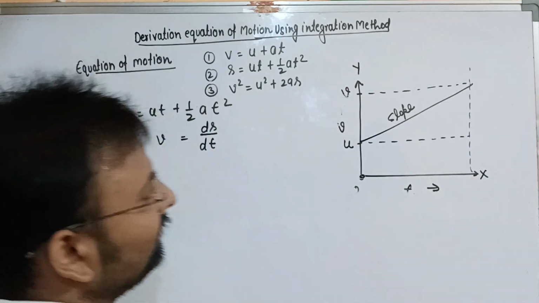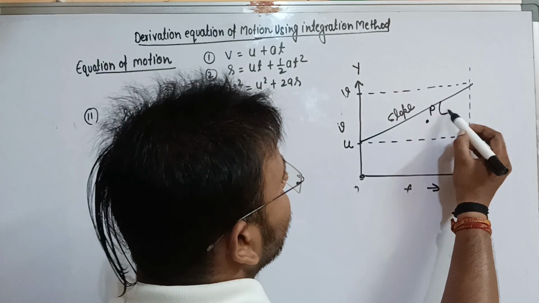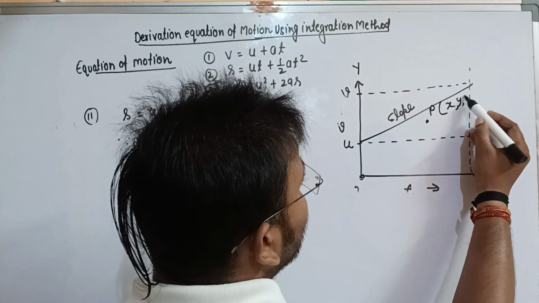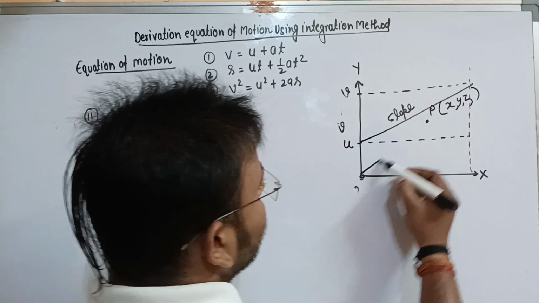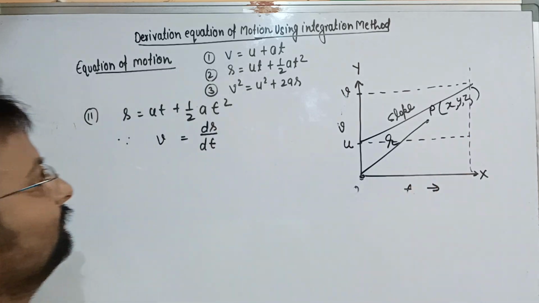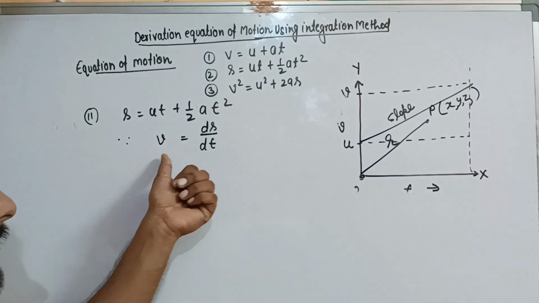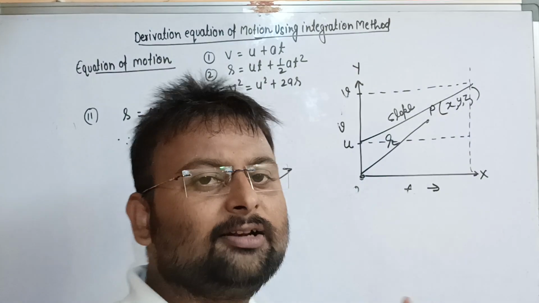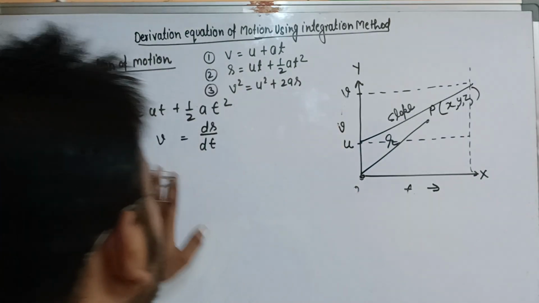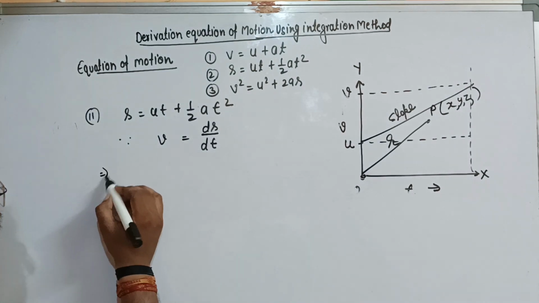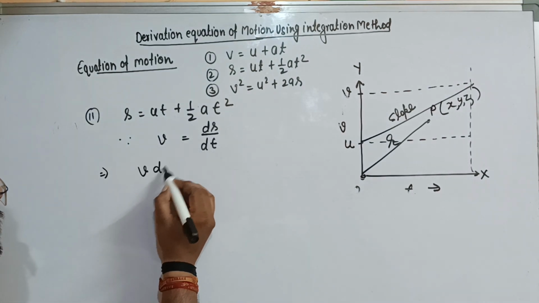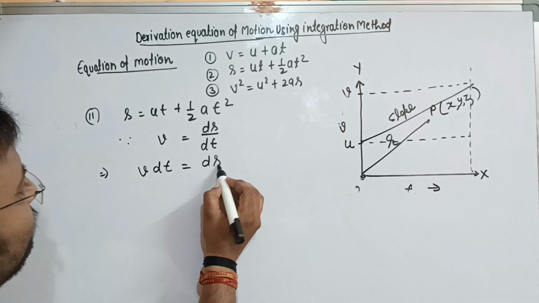On this curve, at any point P, with axes x, y and z, this is the position vector r. The change of position with respect to time is known as the velocity, and v into dt is equal to ds.